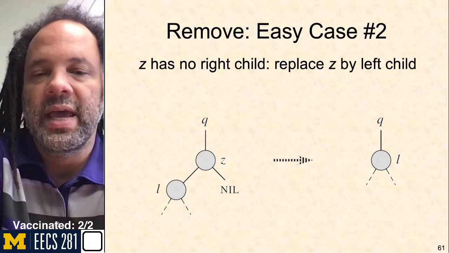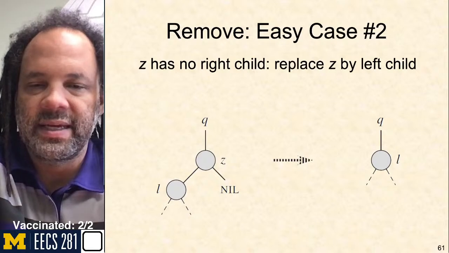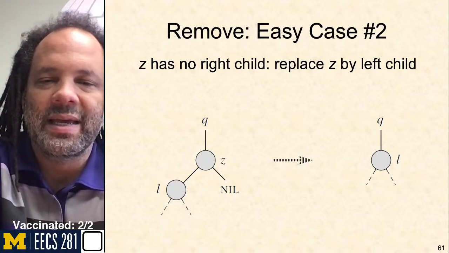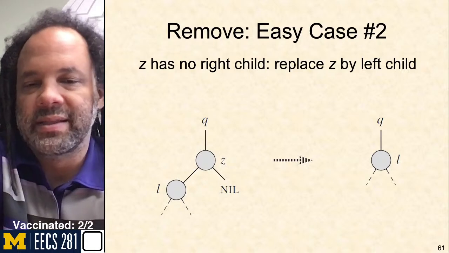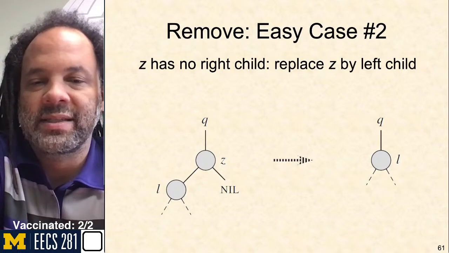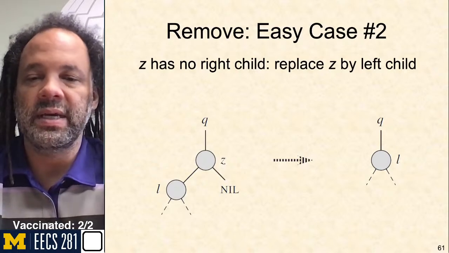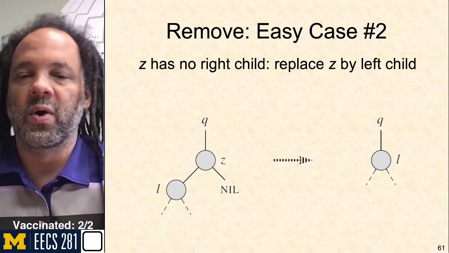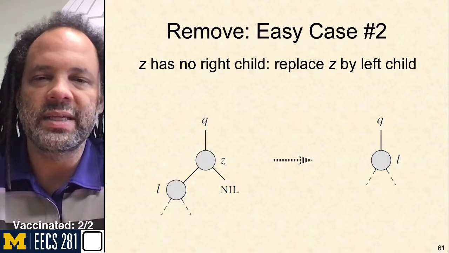The same is true if Q is a node that's pointing to the left to find Z. That means that everything in Z is less than what's at Q, and since L is less than Z, with that transitive relationship is maintained. Q is greater than Z, Z is greater than L, therefore Q is greater than L, and I can easily replace it. So that's our two easy cases.